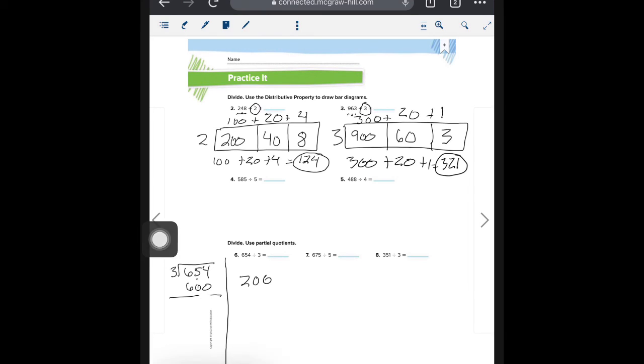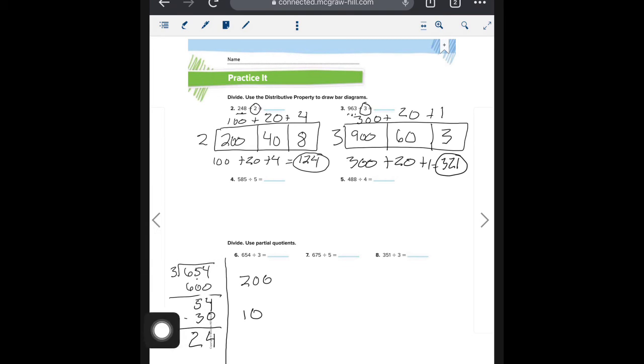Hang on, I forgot. I got to write it just like this first. Sorry. I've got to bring the 54 down because that's what I'm doing next. Then I'm going to divide 30 into that. So 3 will go into 30 10 times. You still with me here? Okay, now I'm going to subtract that from what's left over. So then I'm going to have 24.